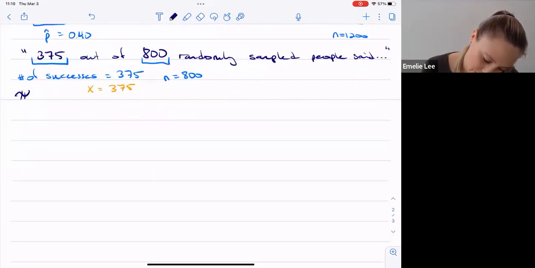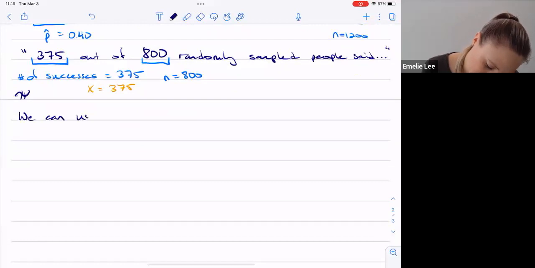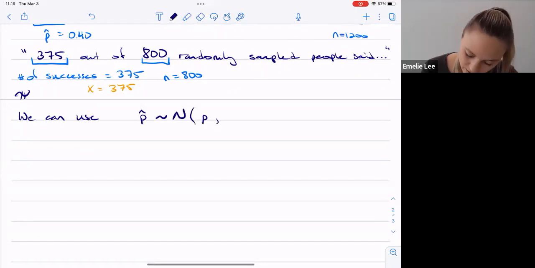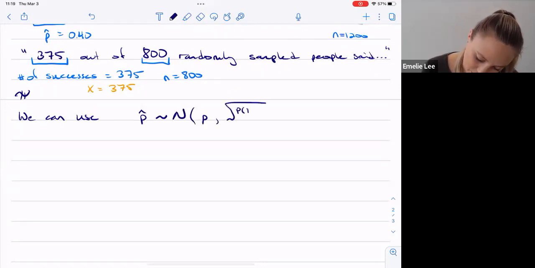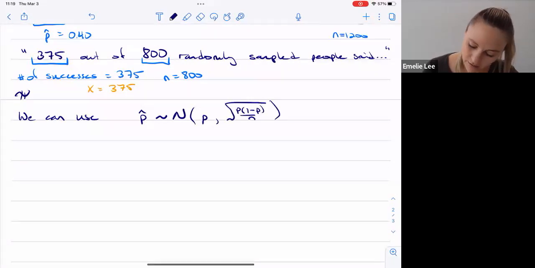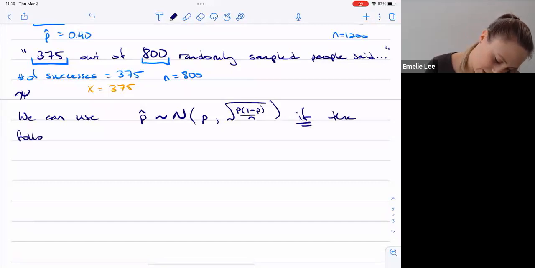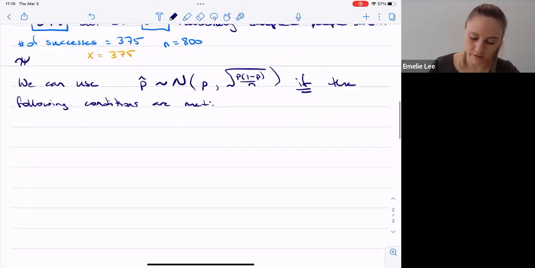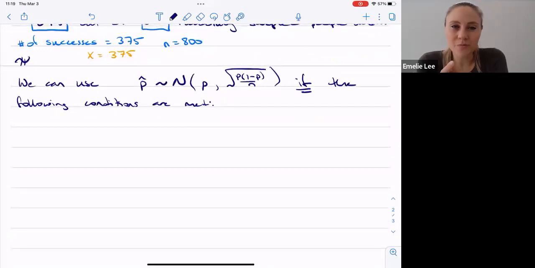So we can use the fact that p hat follows a normal distribution centered on p with the root of p times 1 minus p over n, if the following conditions are met. There were two main conditions, and then I brought up an optional condition, but you don't have to check that optional condition.